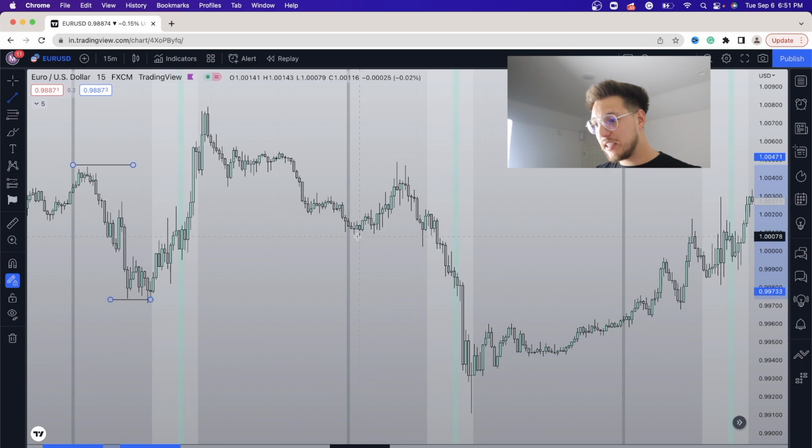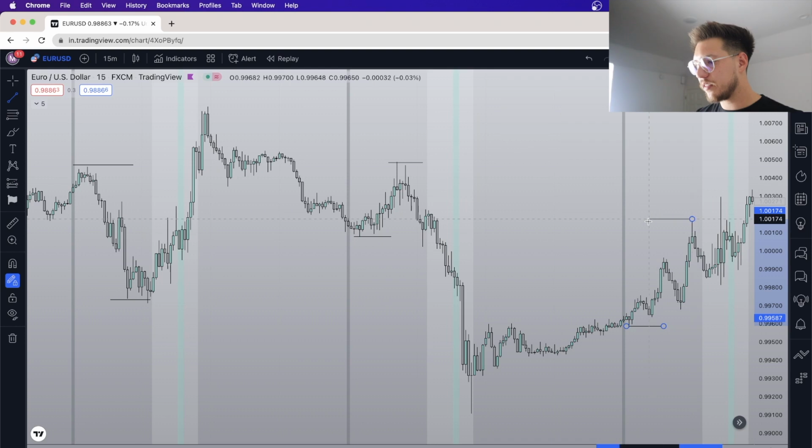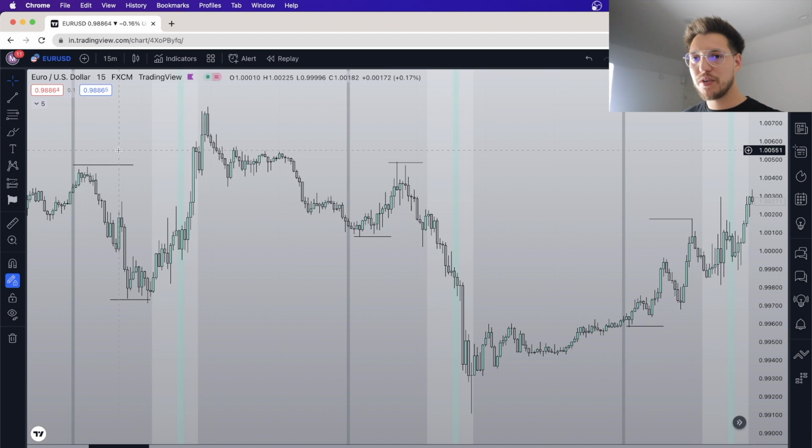And then as well as we can see, London creating lows, London creating highs, London creating lows, and London creating highs. This will allow us to understand what could potentially happen during New York. It gives us hints. It allows us to know where the market could possibly direct itself. And let me show you how.